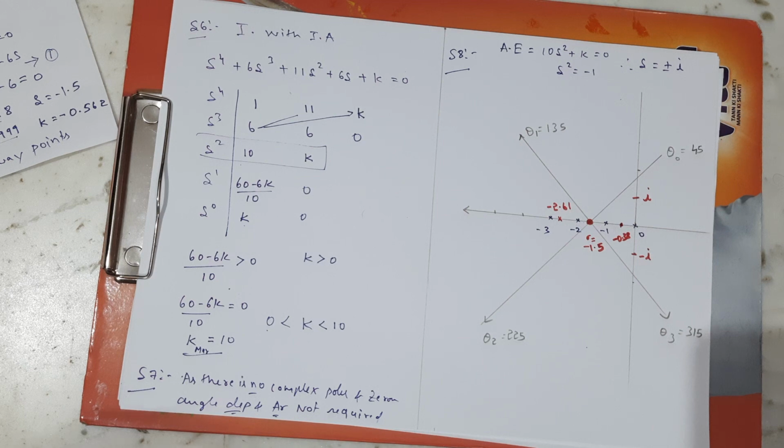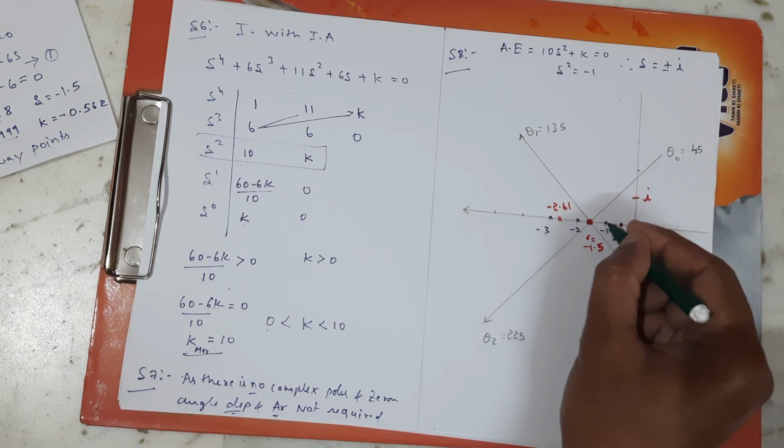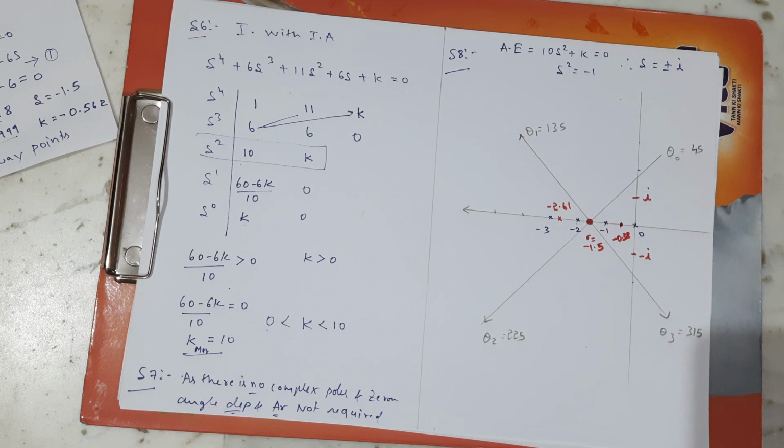Okay. Now comes the important step to draw the root locus. Okay. As I told, always the branches are going to start from the poles. So we have 0, -1, -2 and -3.